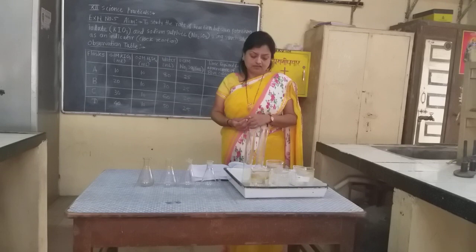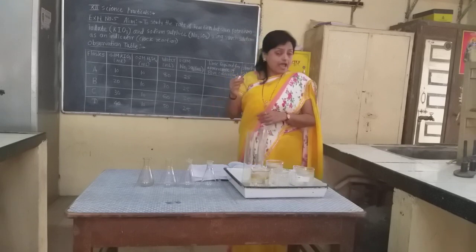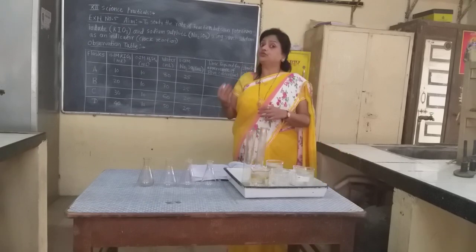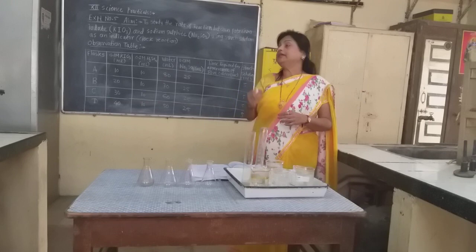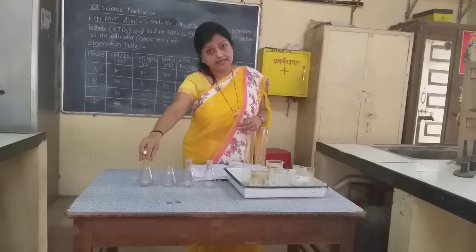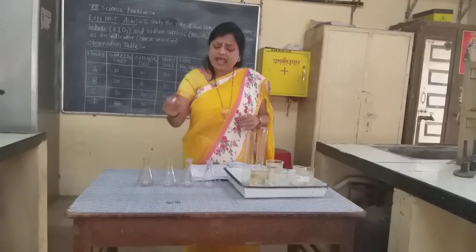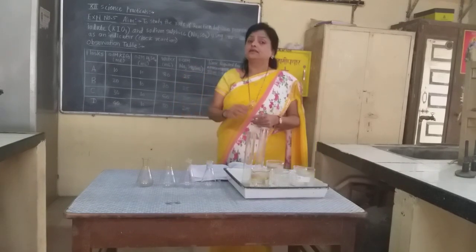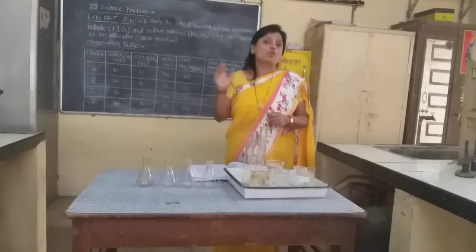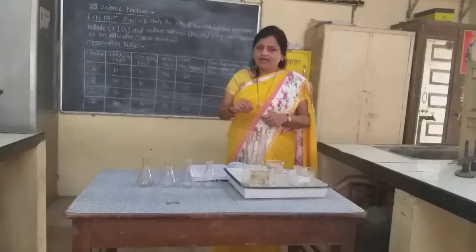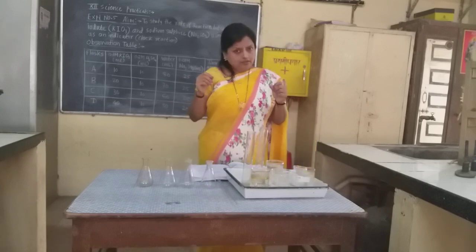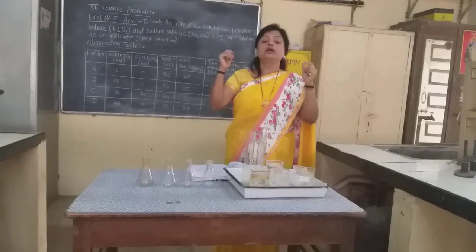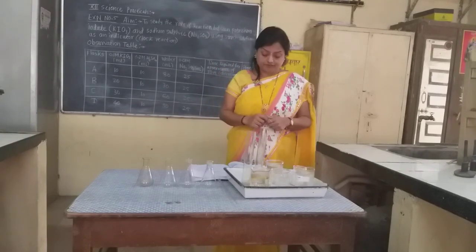And then now add 25 ml sodium sulfite solution into only the conical flask A. As you add the sodium sulfite solution into the A conical flask, immediately start the stopwatch and watch how the solution becomes blue in color.